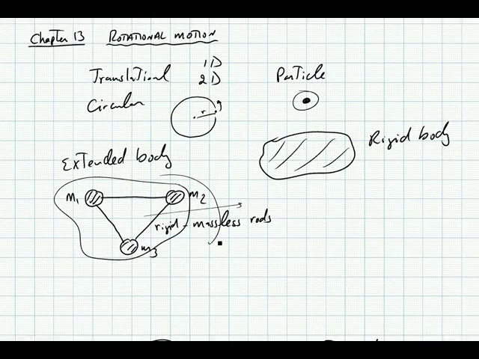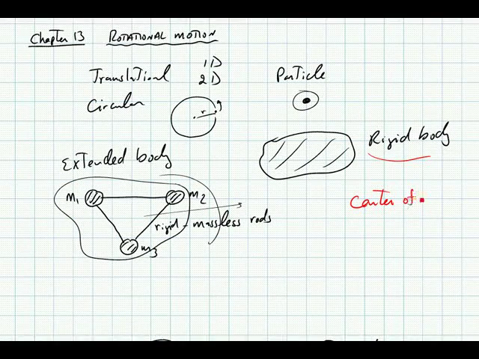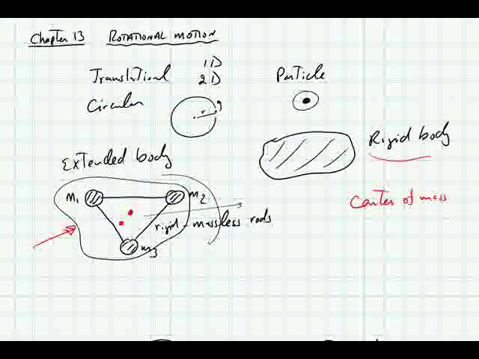Now, whether we have a rigid body or an extended body, we need to define the center of mass for the object. For example, the center of mass for this extended body on the left hand side might be somewhere in the middle.